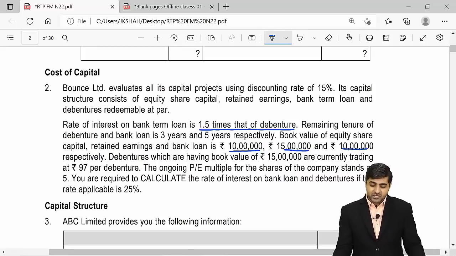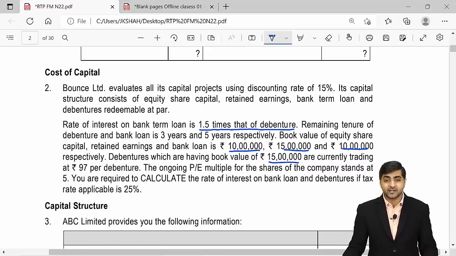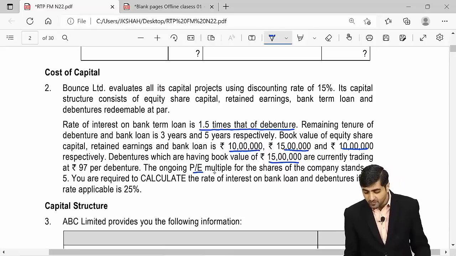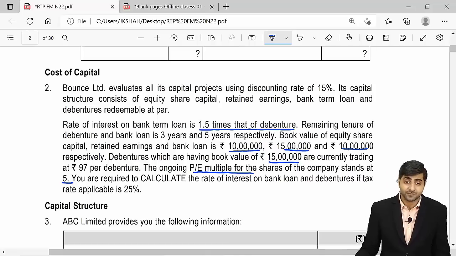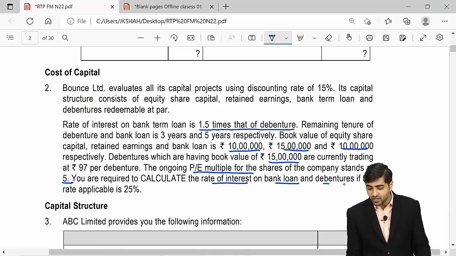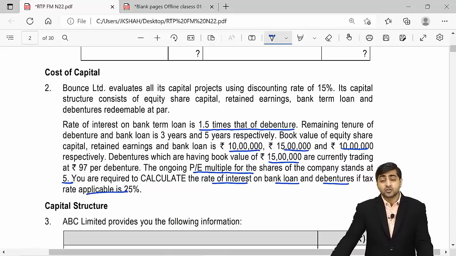And after that, debentures which are having a book value of rupees 15 lakhs are currently traded at rupees 97 per debenture, and the ongoing PE multiple for the shares of the company stands at 5. You are required to calculate the rate of interest on the bank loan and the debentures if the tax rate applicable is 25%. So first understand what is asked in the question.